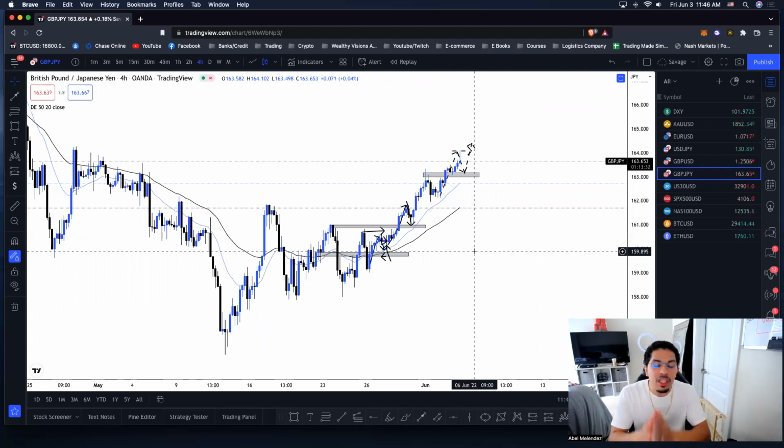Trading is extremely, extremely simple to understand, especially when you find a strategy that is very, very simple for you guys to comprehend. And then once you get the strategy, that's when the hard part truly comes in, because then it's going to be all about you and your ability to be disciplined to follow your rules, your discipline to be following risk management, your ability to control your emotions, your ability to have patience to allow the trade to actually play out, and your ability to be a professional loss taker at the end of the day, because there is going to be a time where you do end up taking a loss.